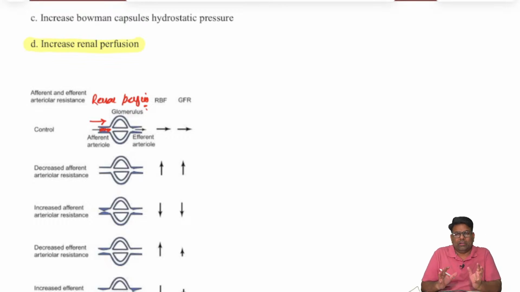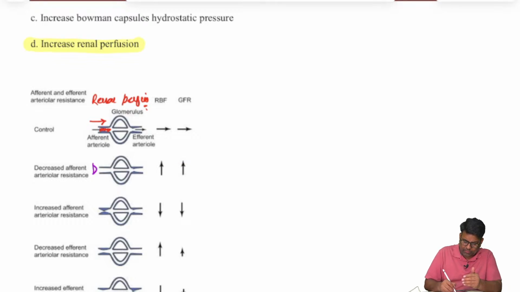Then the state of vessels also affects GFR. If there is vasodilation of the afferent arteriole, it will promote more blood flow to the glomerulus, so GFR will be increased, right?